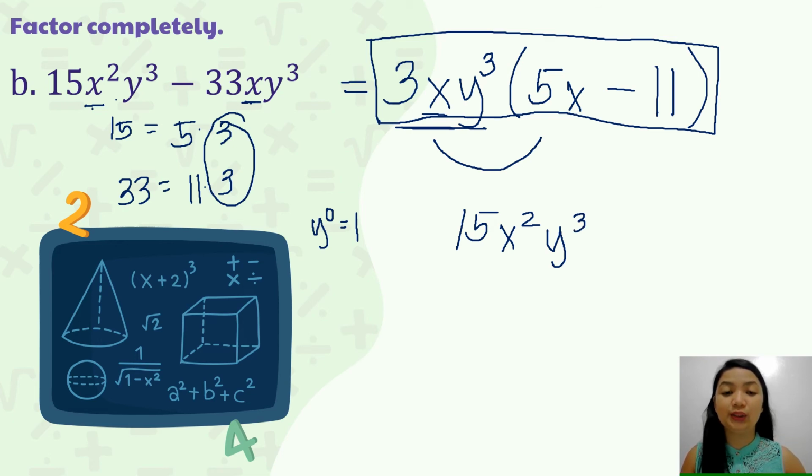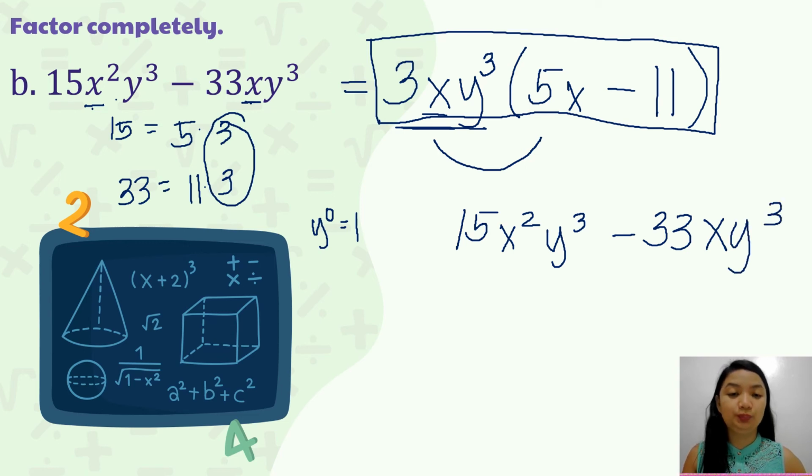How about the second term? So positive 3x y cubed times negative 11. So 3 times negative 11 will give us negative 33, and then we have x y cubed. So we have a correct answer since the product is similar with the given.